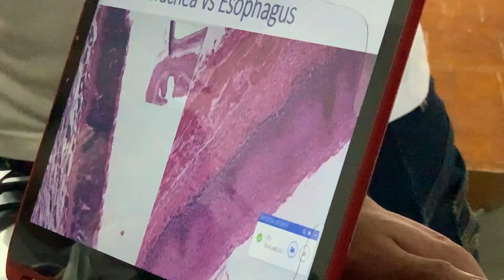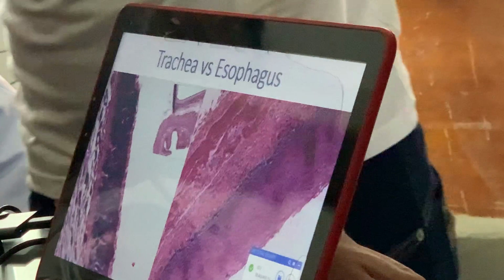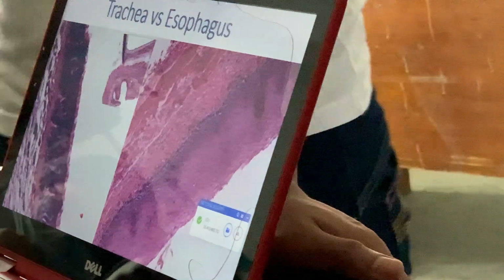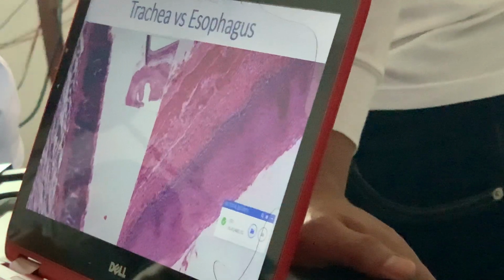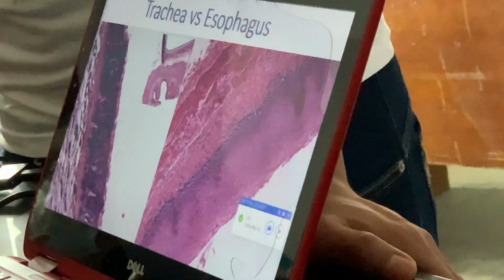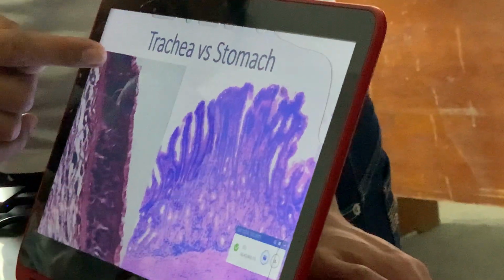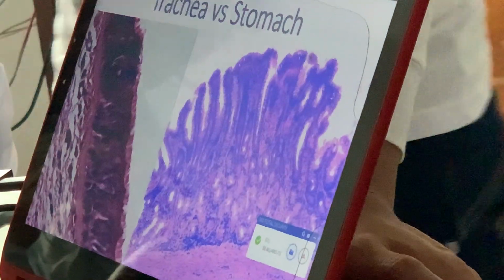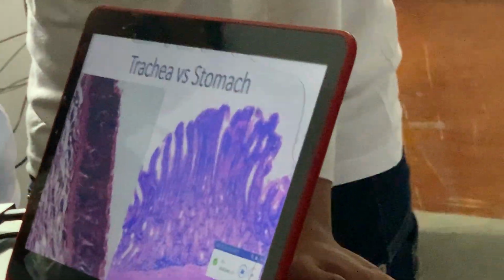What's the lining of the esophagus? Squamous, non-keratinized. Very good. Skin is stratified squamous, keratinized. This one, a trachea and a stomach. What is the lining epithelium of the stomach? Simple columnar. Okay.